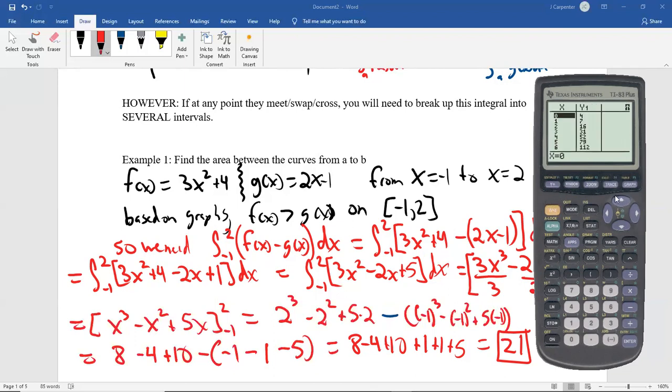Why did I hit that? Let me hit this. So let's go to option 7. Lower limit, -1. Enter. Upper limit, +2. Enter. And we get, why did I do that?